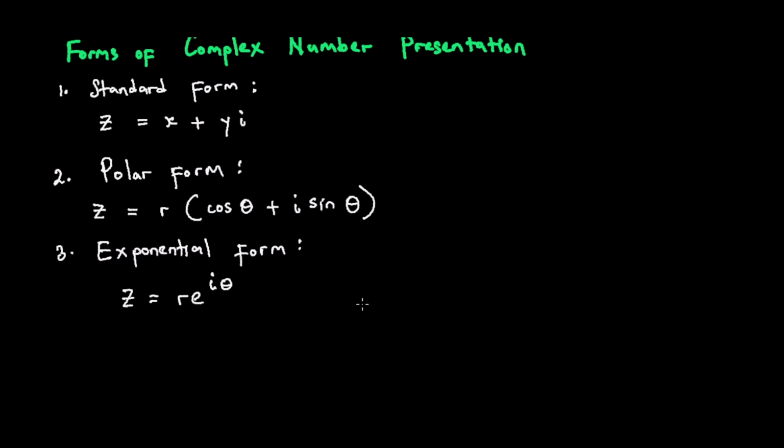That's the exponential form. So what is new here? The polar form and exponential forms. Polar and exponential forms are used to simplify the multiplication and division of complex numbers.